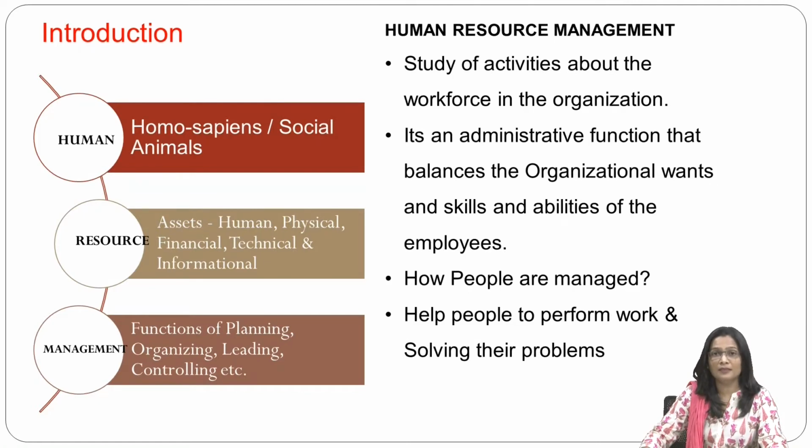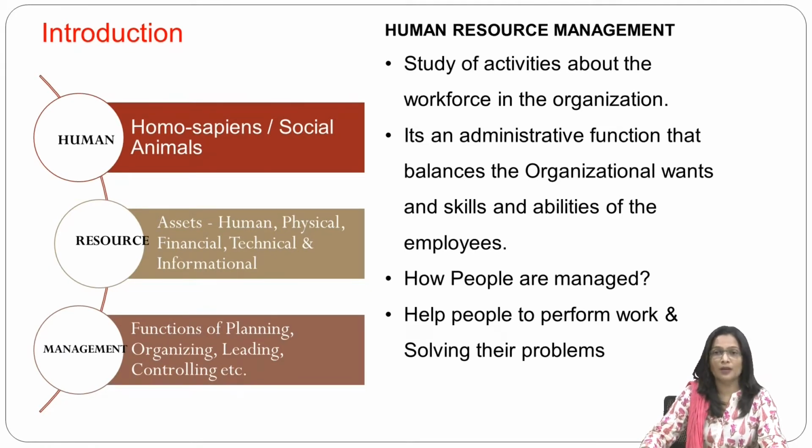Basically, human resource management is an administrative function that involves a lot of documentation and record keeping. And nowadays, in the modern era, it tries to balance between the organizational needs and the skills and abilities of employees.